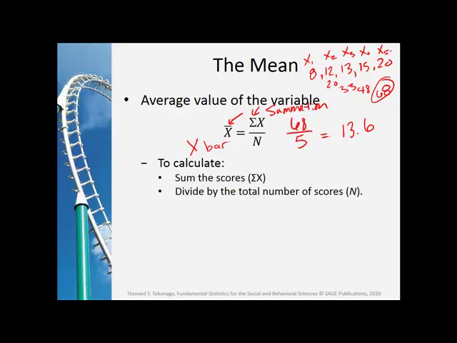First step, the sum of x, taking each observation and adding it together. The second step is to take that sum and divide it by the number of observations. So x bar equals sum of x divided by n.